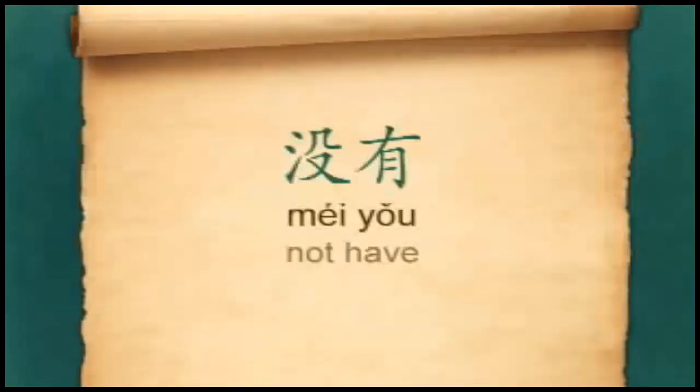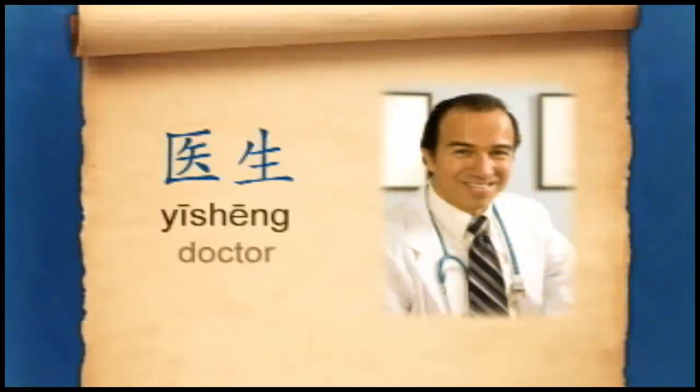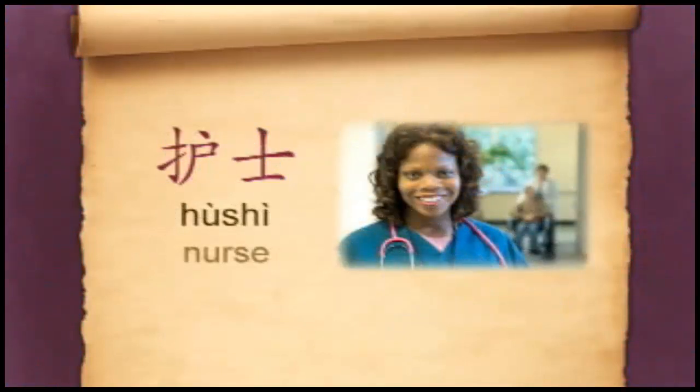A medical doctor is called 医生 and is said with two first tones. 医生医生. Now, say it with me 3 times. 医生医生医生. Very good. A nurse is called 护士 and it's said with 2 fourth tones.